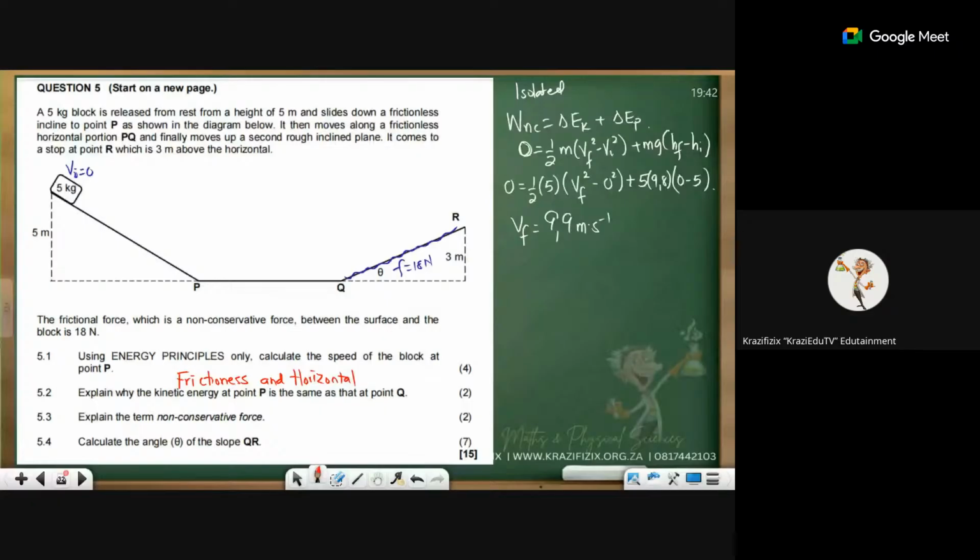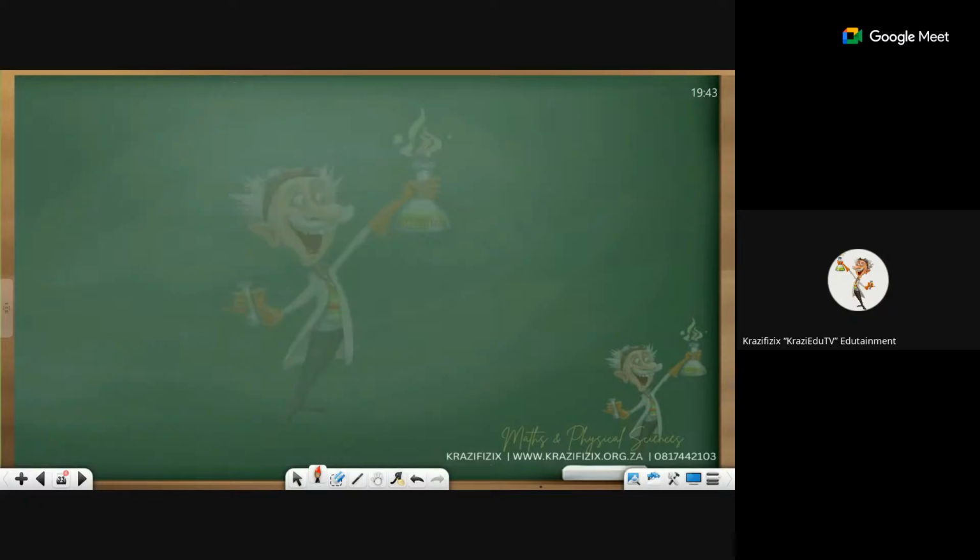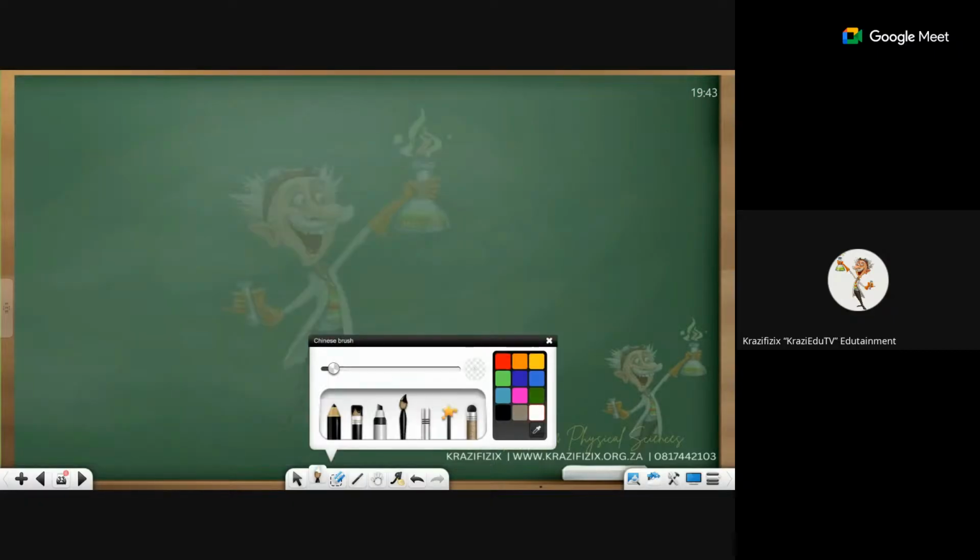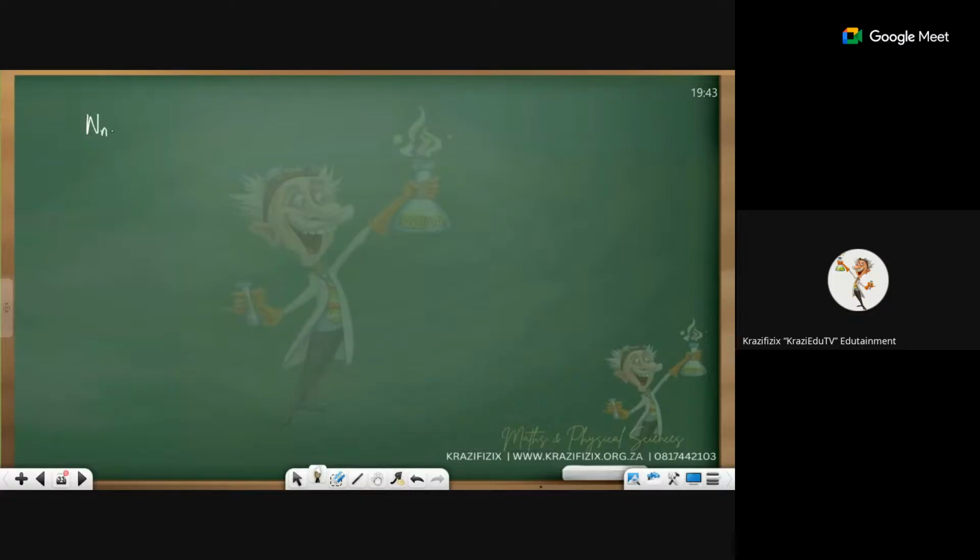Calculate the angle theta. What would you do? So hold on. That's 9.9, right? This one also becomes 9.9. I would use WNC, and we know it comes to a stop. Come, let's do it together. I'd love us to quickly do it together just to enjoy the flow. Work done by non-conservative forces equals the change in kinetic plus the change in potential.